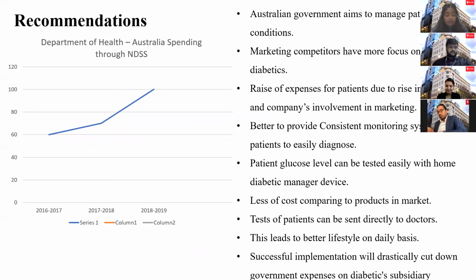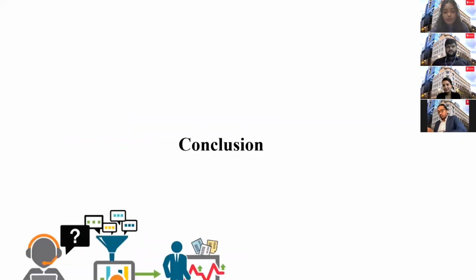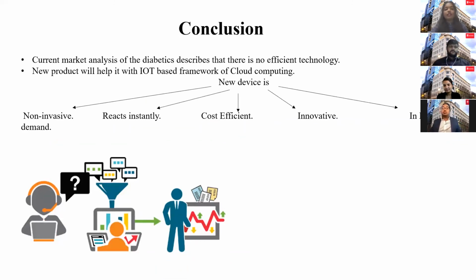So rather than focusing more on curing diabetes, it is better to provide a consistent diabetic monitoring system. So we have created a device which can easily be used to test glucose level anywhere, everywhere, at whatever time they want, at a very low cost.